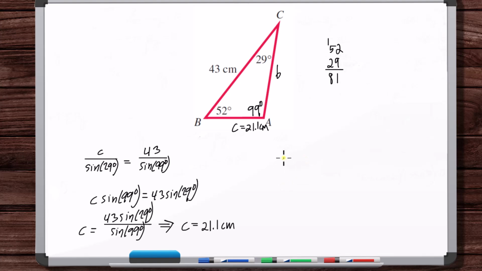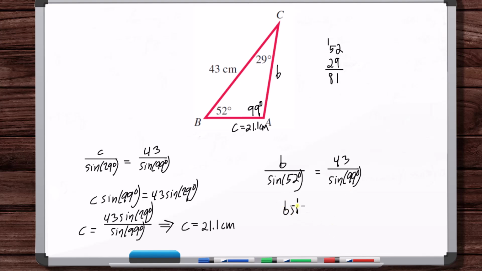All right, now again, let's use this pair here since we were given the 43. So now we've got B over sine of 52 is equal to 43 over sine of 99.